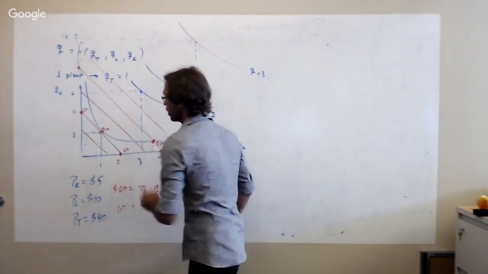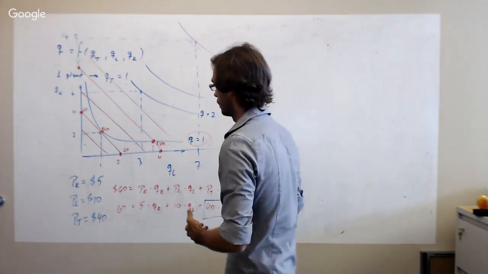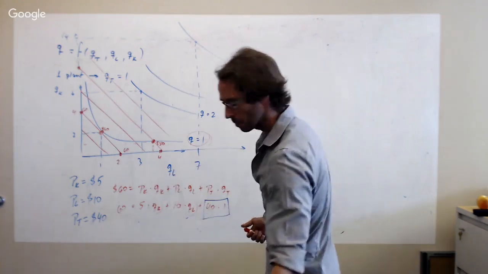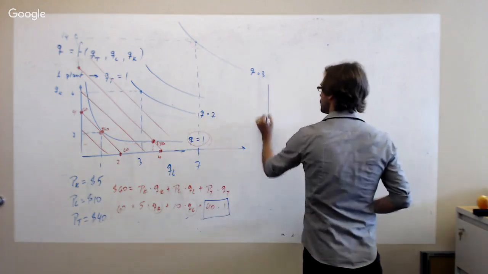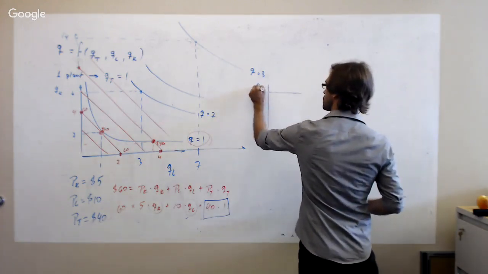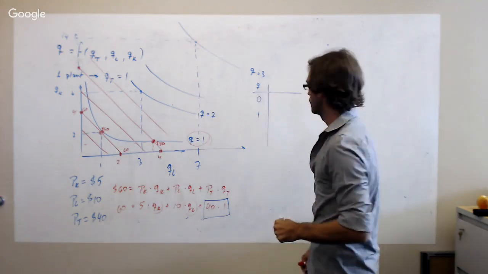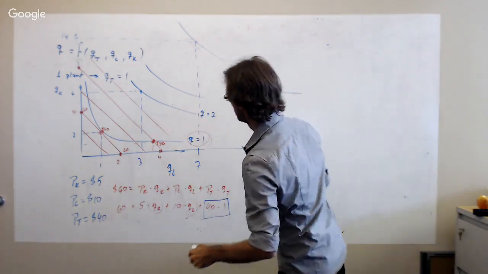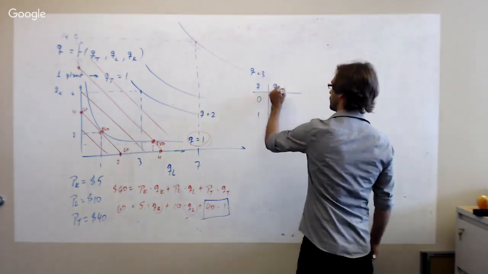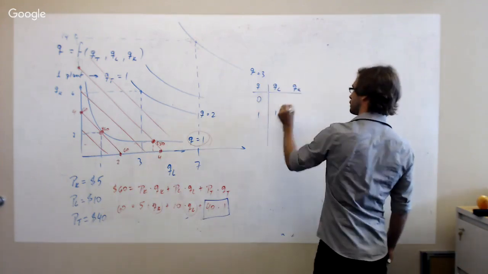And so what we learned, in week 4 or week 5, I don't remember, is that the best combination that you can choose in order to produce one washing machine is a quantity of labor of 1, quantity of capital of 2.